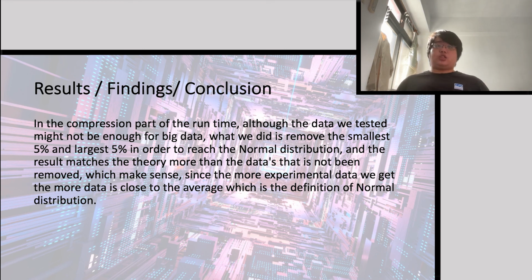The result matches the theory more than the data that was not removed, which makes sense, since the more experimental data we get, the more the data is close to the average, which is the definition of the normal distribution. That is why we remove the first 5% and the last 5%.